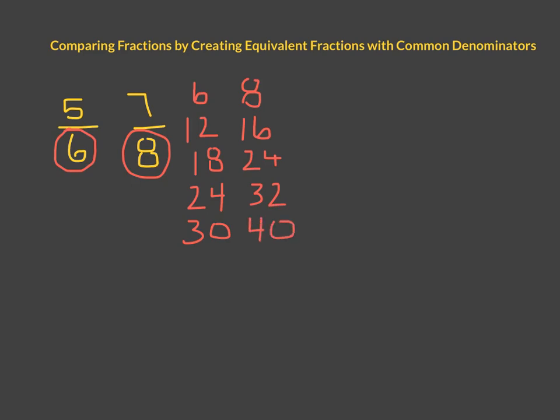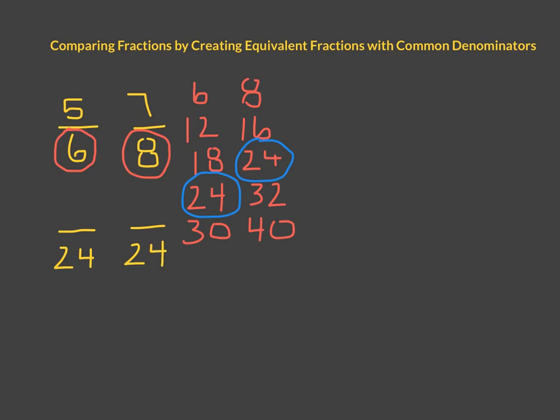As we look at our list, we can see that the lowest or least common denominator for 6 and 8 is 24. So we're going to be creating equivalent fractions with the denominator of 24.